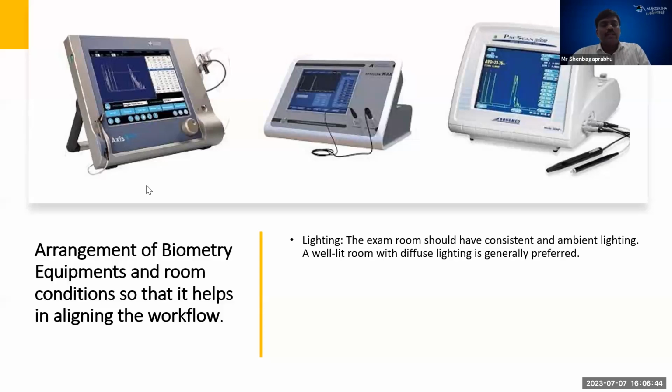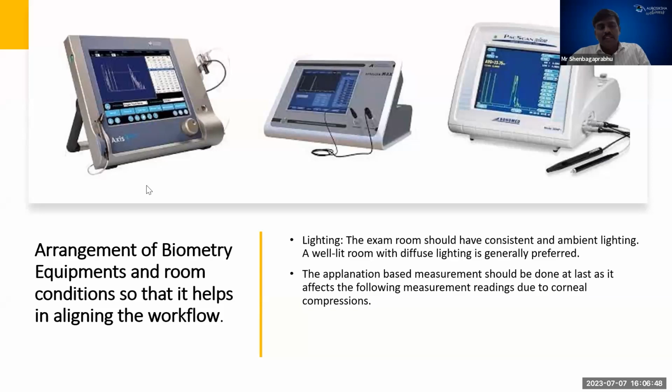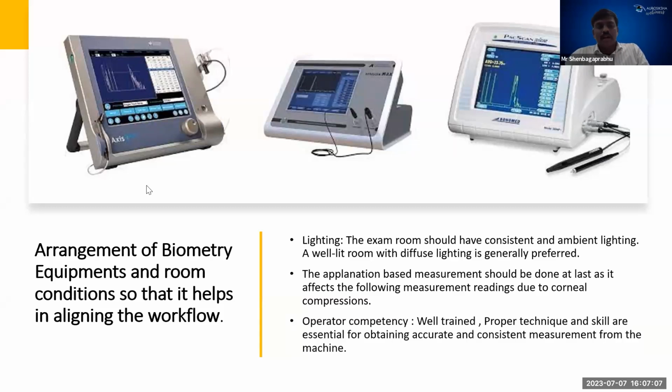The A-scan room has to be a well-lit room with diffused light, and this instrument has to be used only after using all the other equipment like the keratometer or the optical biometer. This has to be the last equipment to use, because it involves some amount of corneal compression, so the following measurements would be affected. That's why it has to be the last instrument after the optical biometer.